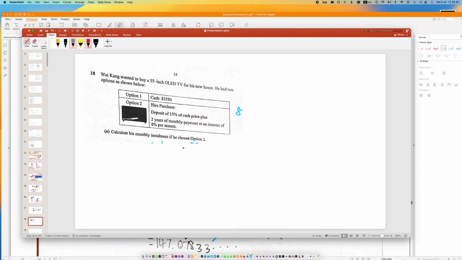So calculate his monthly installment. Okay. So all you need to do is show me what is not paid, which is the 85%. Because 15% is paid. So 85% is not paid, because you never pay the money. So this money is supposed to be charged 8% a year and for 2 years. Does it make sense? So what you end up with, this will be the interest.